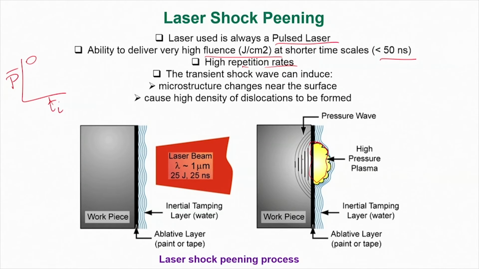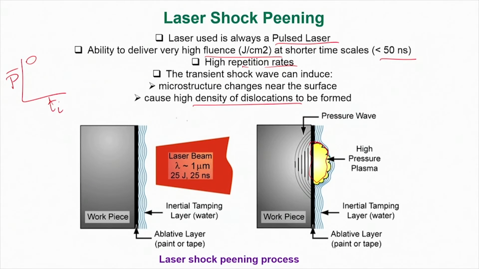This shock wave is very transient, but nevertheless can immediately create a very high stress level, which can cause certain plastic deformation, create a certain amount of dislocation density, and in the process can make the surface harder, and most importantly make the surface develop certain residual compressive stress.